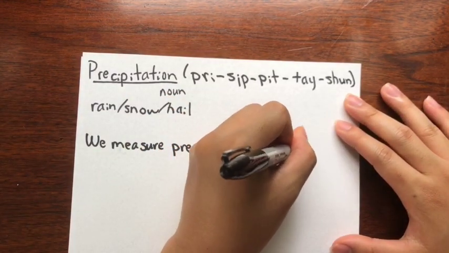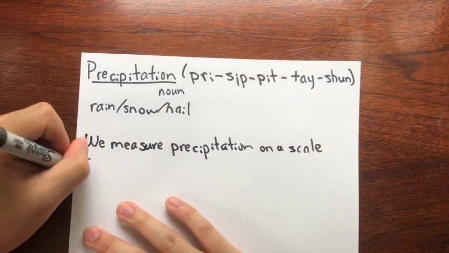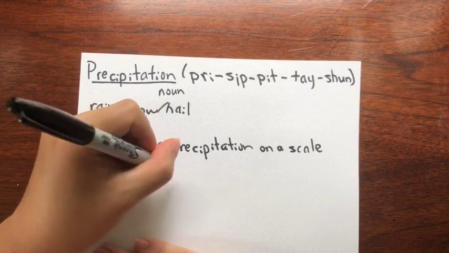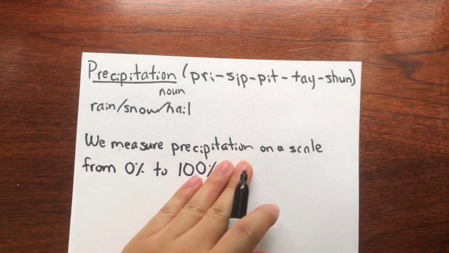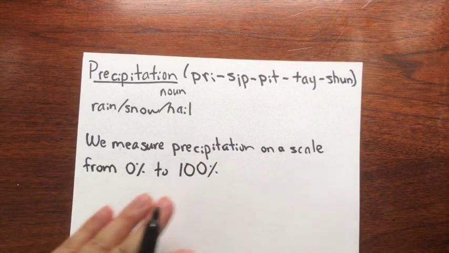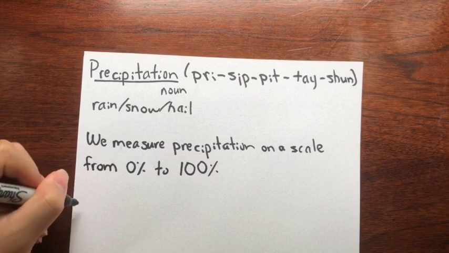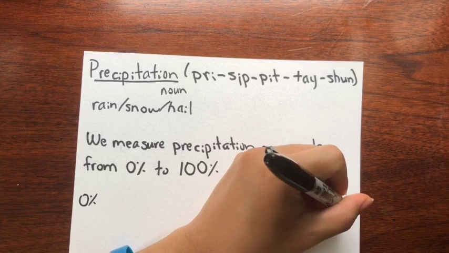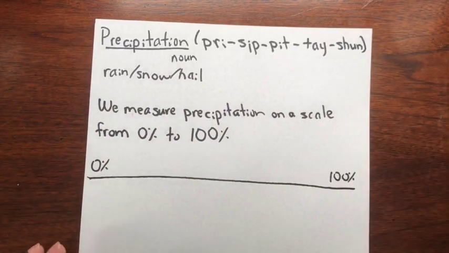on a scale from 0 to 100%. We measure precipitation on a scale from 0 to 100%.